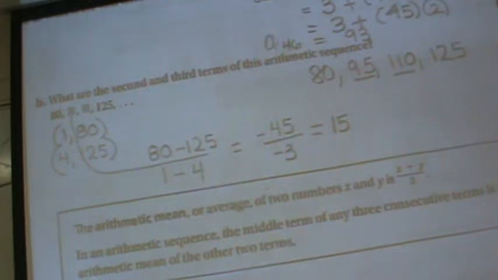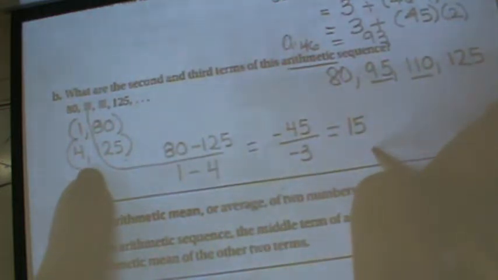That was easy. So how do you get the 4, because there's 4 things? Yes. This is the first term. So the first term is 80, and the fourth term is 125. And because it's arithmetic, our rate of change is linear, and I get to use this formula.